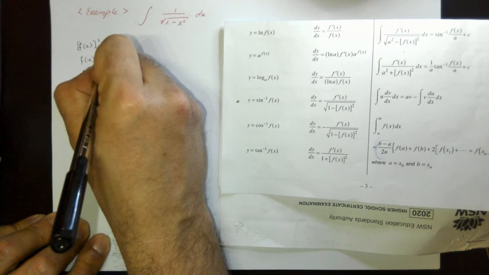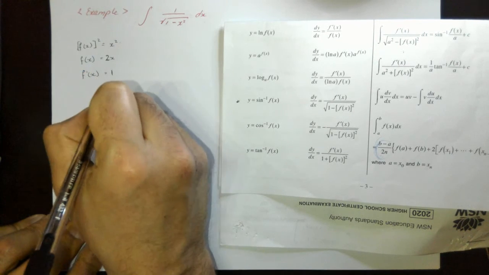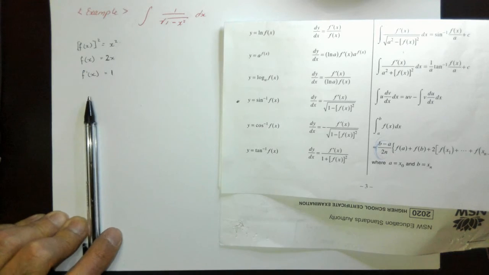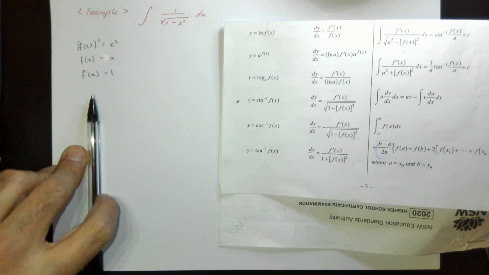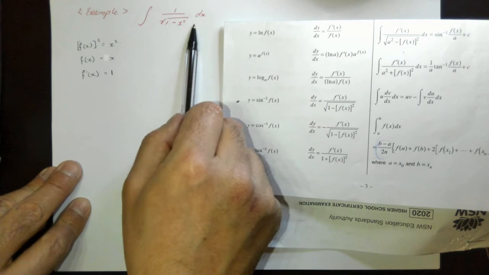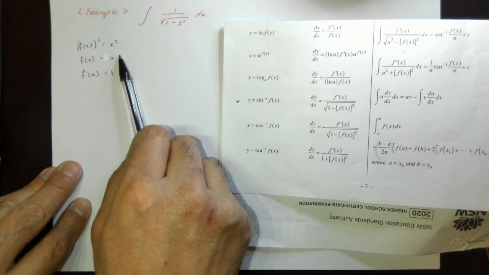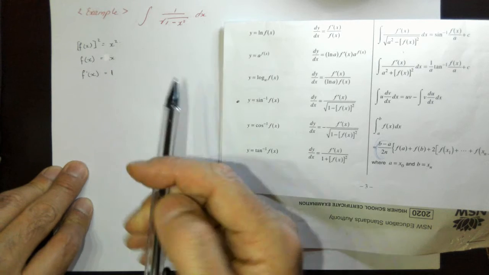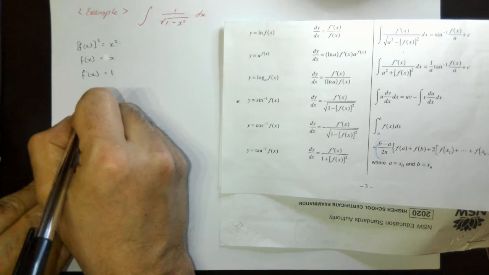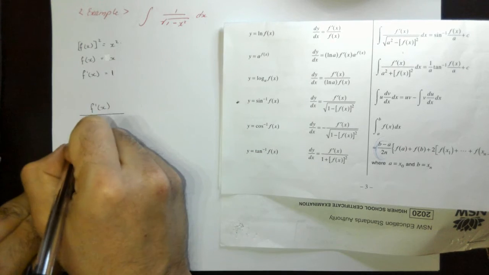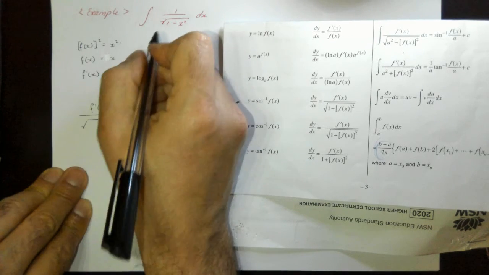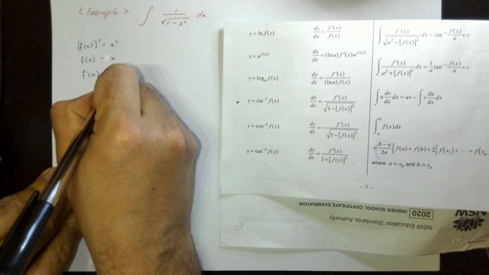Sorry, I lie. That's 2x. Sorry, no. Yeah, that's right. Sorry. That is squared, so I take the square root of that, so it gives me x. The derivative of that is 1, so I do have the derivative on a is 1.